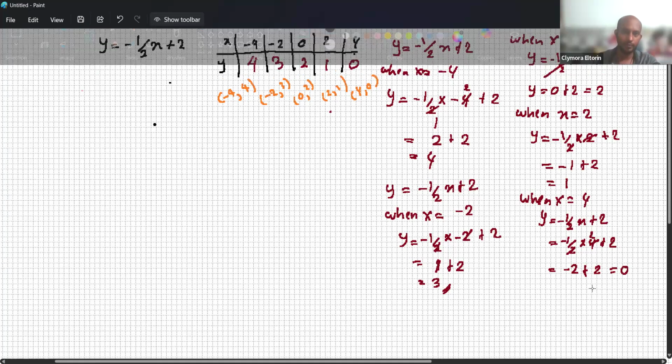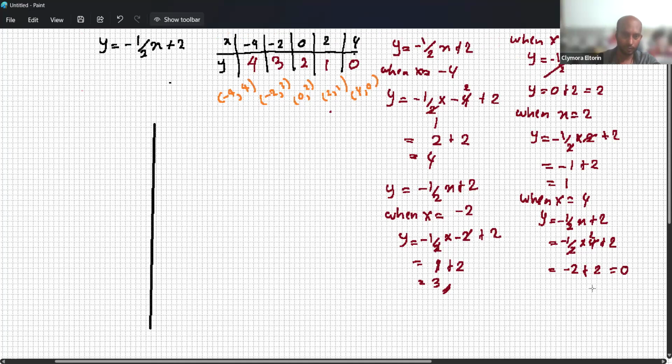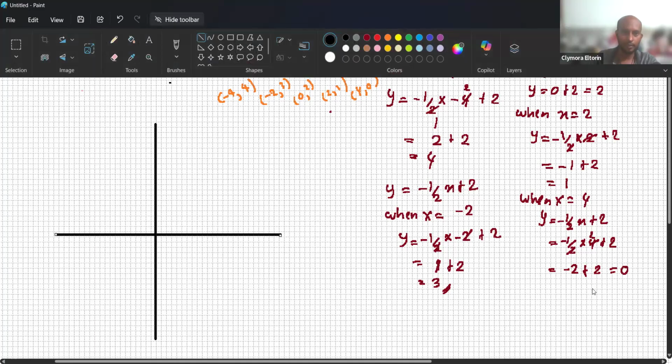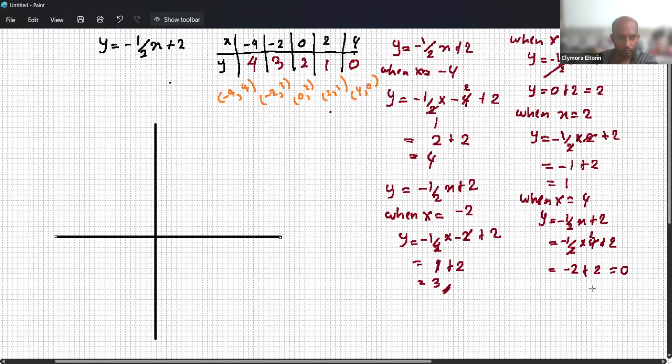Here's the x-axis, here's the y-axis. Let's name the axes.